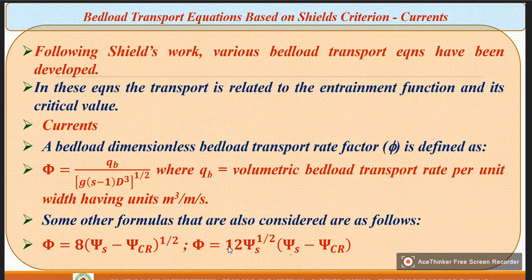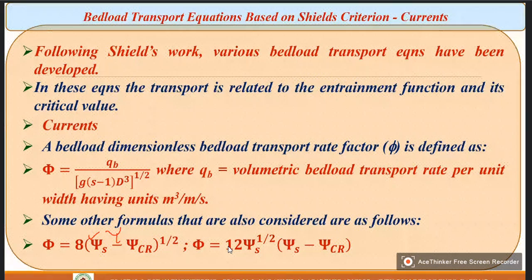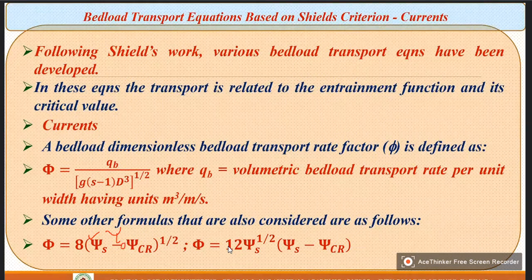Now this is when I say current. Suppose only waves are there, what is the difference? The difference is only in the calculation of this so-called psi, which involves tau.